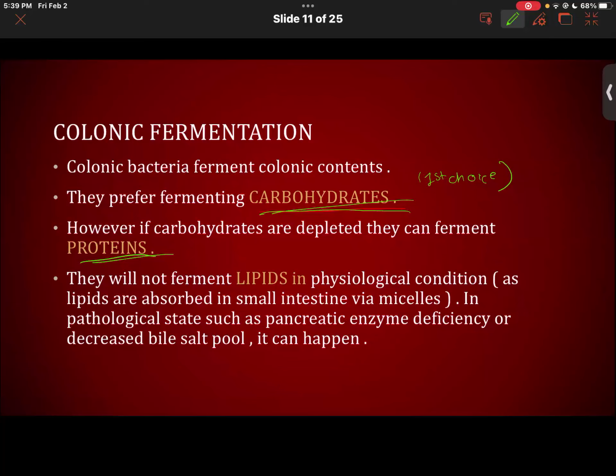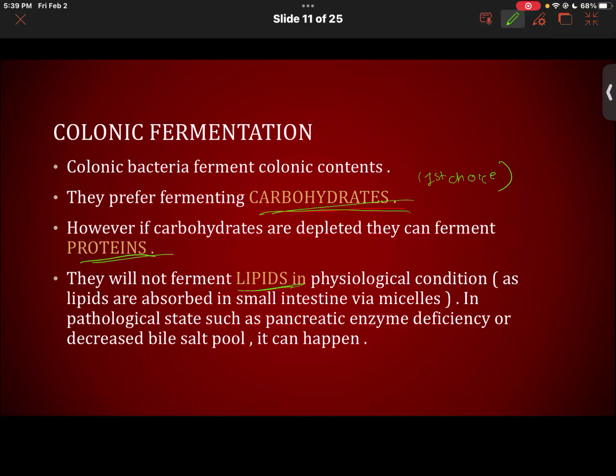However, they will not ferment lipids in physiological conditions. And the reason for this is lipids are absorbed in the small intestine via micelles, right? So technically, there shouldn't be any lipids in the colon in the first place, and that's why they will not ferment lipids.